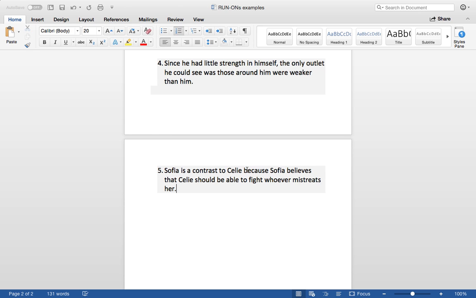You can, of course, put a period there. Sophia is a contrast to Celie, period. Sophia believes. You don't want to do that a lot. Sophia is a contrast to Celie. One of the fanboys that makes sense is "for": Sophia believes that.